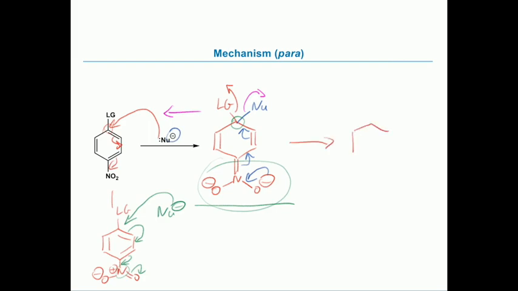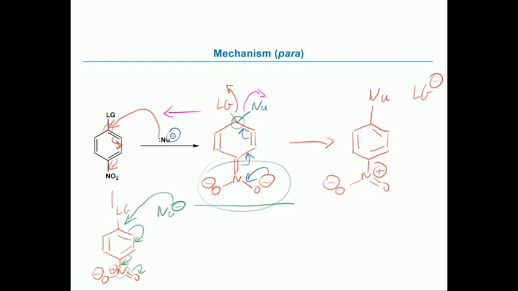And if that happens, we're going to fracture the leaving group bond. We have our nitro now reformed, still positive over here, and we have our nucleophile now in position here, where we've actually ejected our leaving group minus.